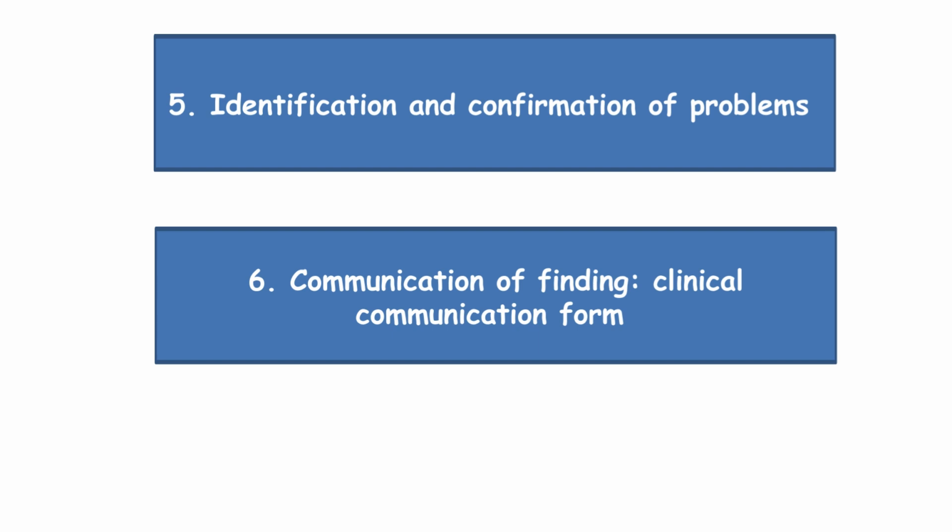The pharmacist should communicate the findings in a clinical communication form. This form should be prepared in duplicate, in which one copy is sent to the appropriate health professional and the duplicate is kept by the pharmacist to document his activities.